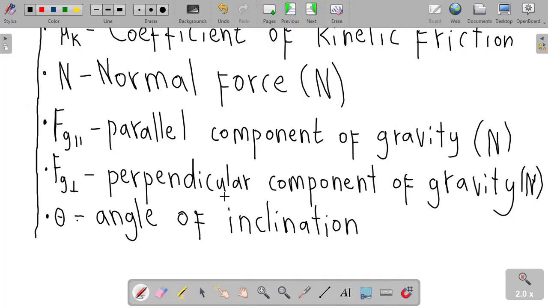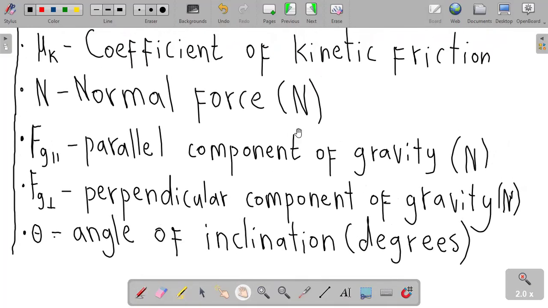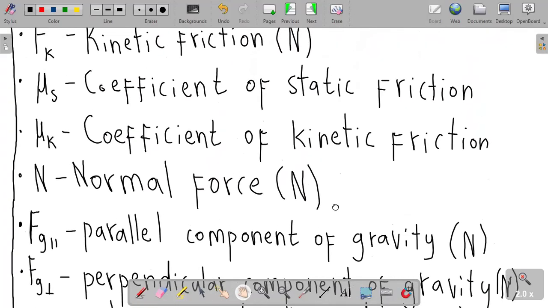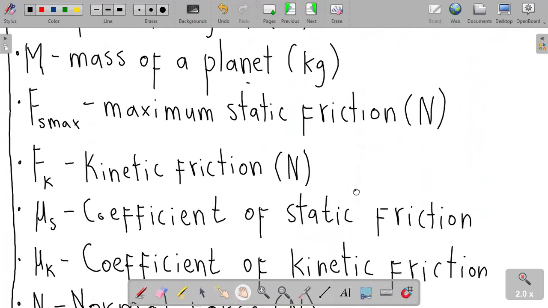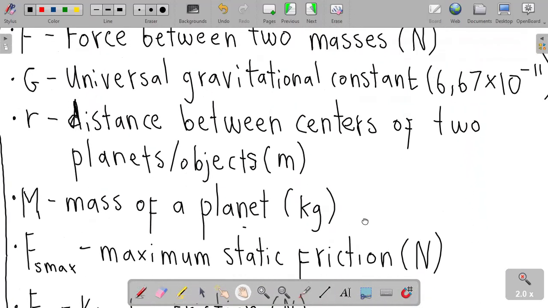So it is measured in degrees. This is a list of the symbols here and what they mean.